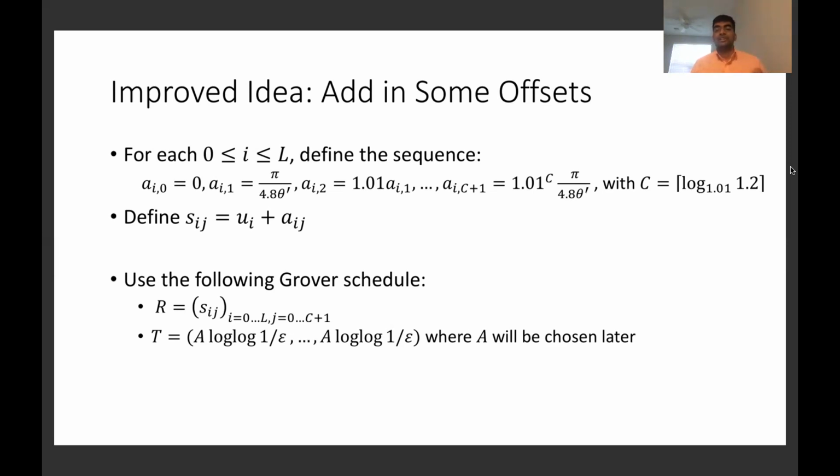If that happens, great, then we're done. If not, then we use these extra offsets that are large enough so that there's always some a_ij that rotates both angles into the same quadrant, but small enough so that the separation is still approximately pi over 8. And so these offsets get around that initial problem of not being in the same quadrant.